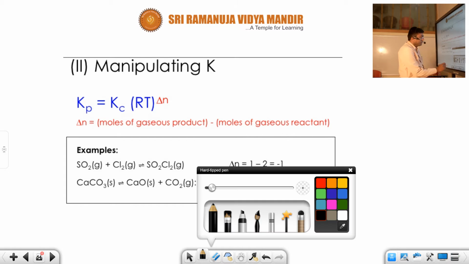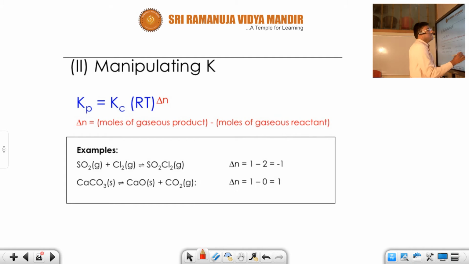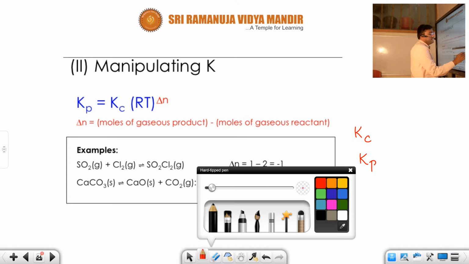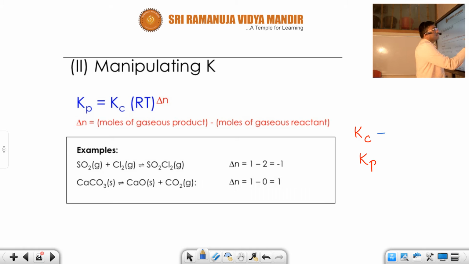You are aware there is a relationship between Kc and Kp. Kc is the equilibrium constant in terms of concentration, and Kp is the equilibrium constant in terms of partial pressure of gases.